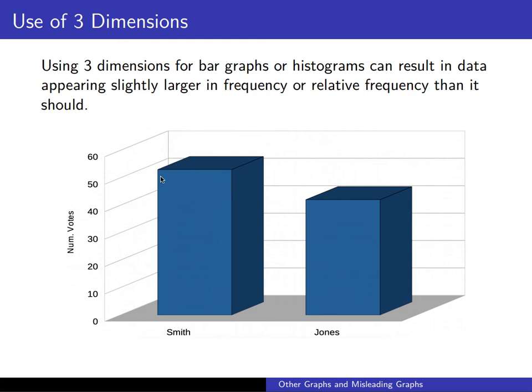Looking at this height, it's below the 50 line. This one is slightly above the 50 line. It's a little bit deceiving as far as how we can best judge the difference in votes between Smith and Jones unless the heights of each of these prisms were labeled.